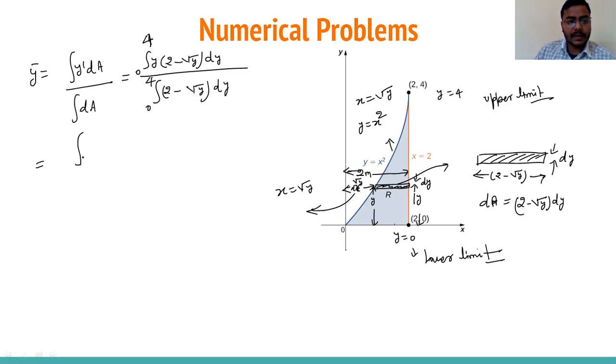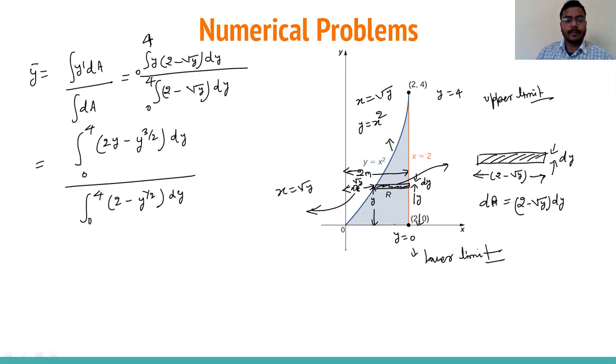Now we can simplify. 2y minus y to the power 3 by 2 we can write. Here also we can write 2 minus y to the power half, or 1 by 2. Now we can do the integration. See here, integration of y will be y square by 2.